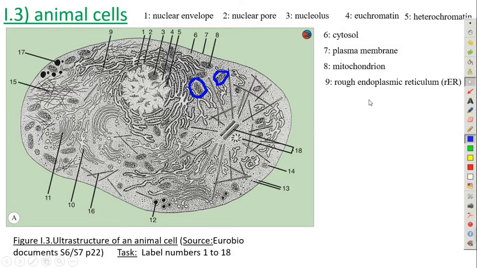Then we have rough endoplasmic reticulum. So this is this part here, rough because there are ribosomes on it, as opposed to the smooth endoplasmic reticulum, which does not have ribosomes.